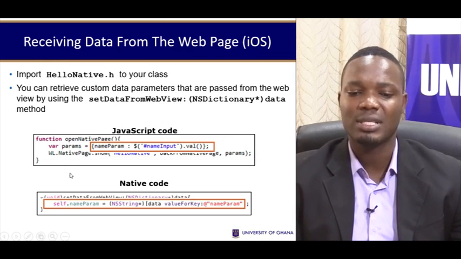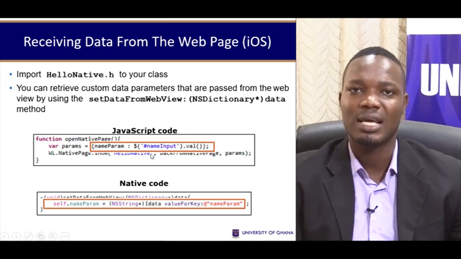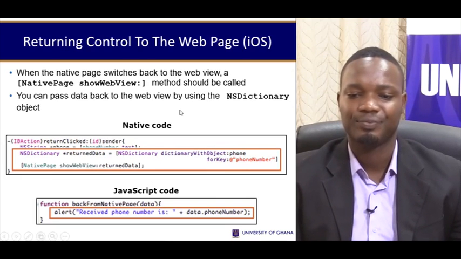Then you need to import the HelloNative.h to your class, and you can retrieve custom data parameters that are passed from the web view by using the setDataFromWebView method. So you need to use the setDataFromWebView method to accept that, and just like we did with Android, you are able to accept and process data.